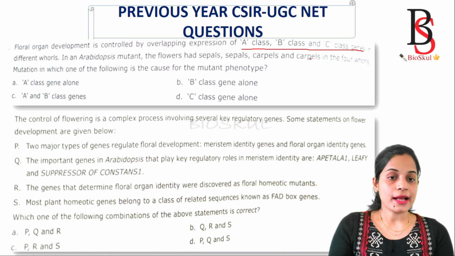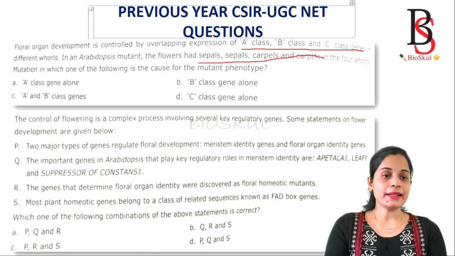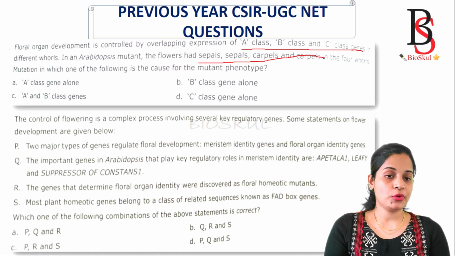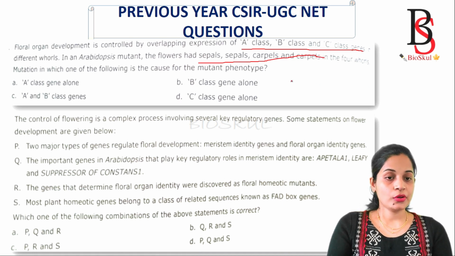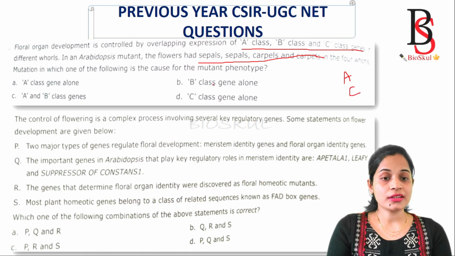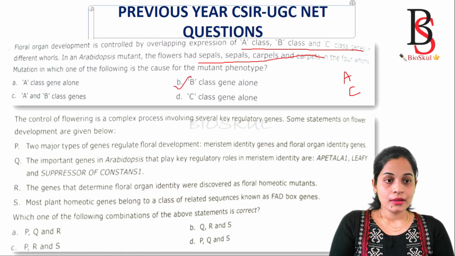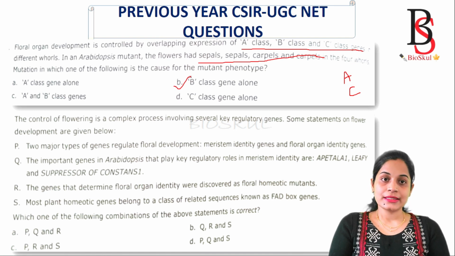So here it asks that it only forms the sepals and the carpels. So which gene is mutated? Okay. We know that sepals are specified by the gene A and carpels are specified by the gene C. So which gene is mutated? So here the class B gene is mutated. That's why there is no formation of the petals and the stamens.